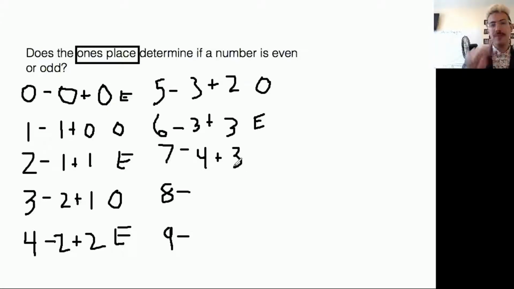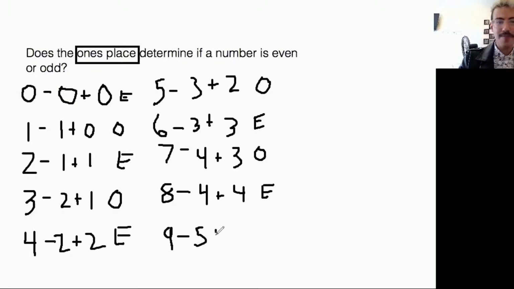Essentially, I did 3 plus 3 with 1 left over, so no, odd. 8, 4 plus 4. We got it to be even, 2 groups of 4. And then we have 9, 5 plus 4. And 9 is in fact an odd number.